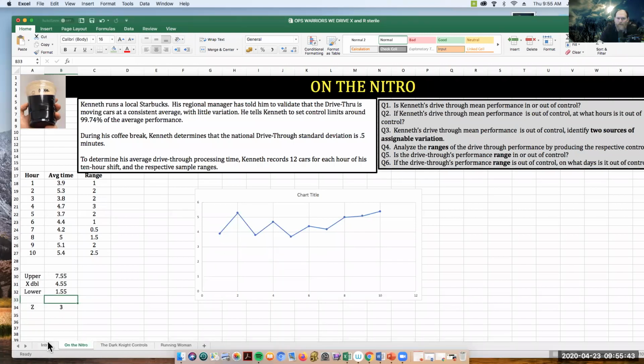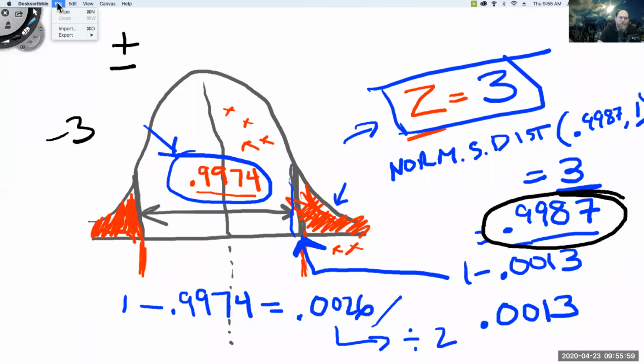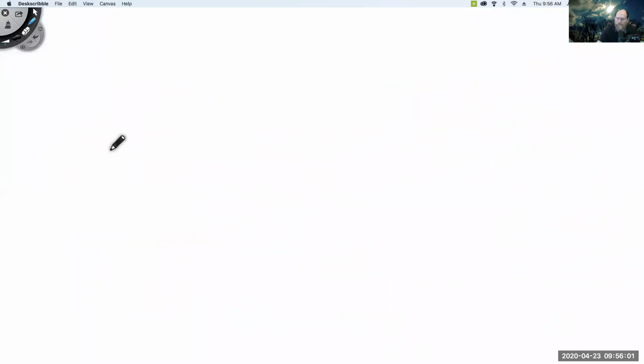So with this, we could do it one of two ways. With the X chart, since we have Z, we could use this. To find control limits for X, we could do one of two ways.